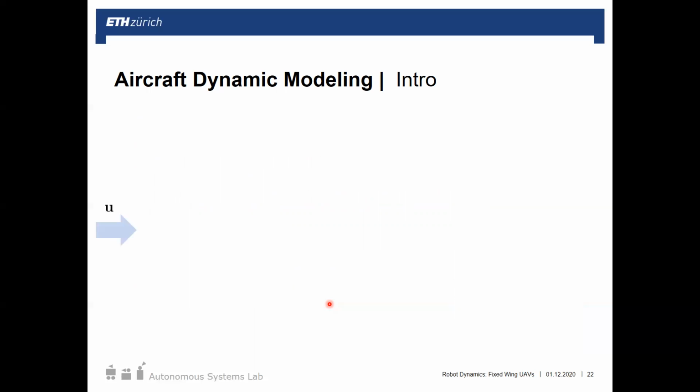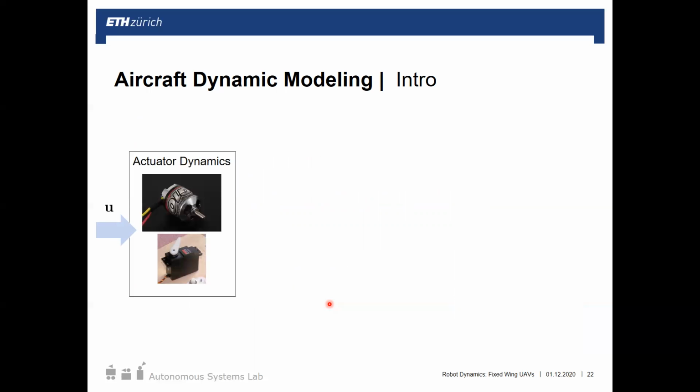So if we have some input from our autopilot, for example, this then goes into the actuator dynamics. There will normally be some kind of delay between your command to this actuator or motor and when the resulting actuation actually happens.